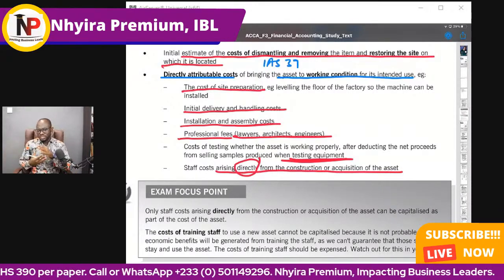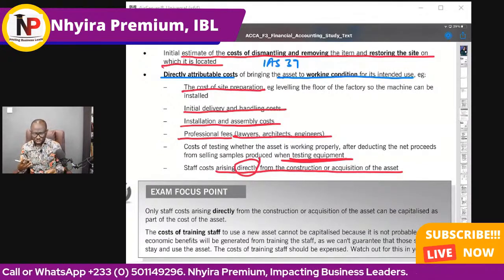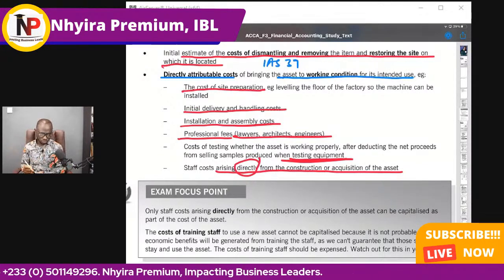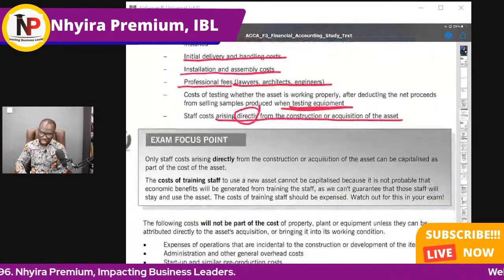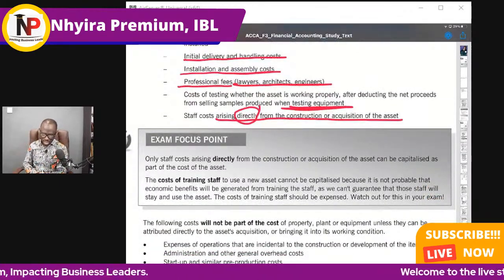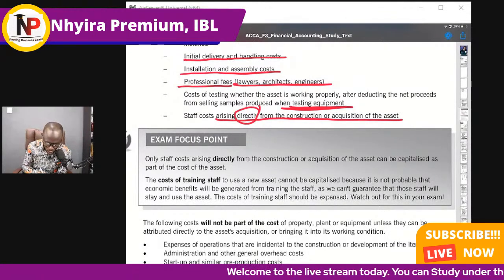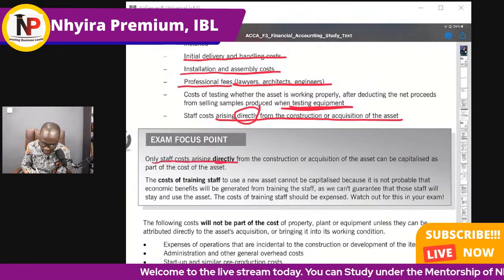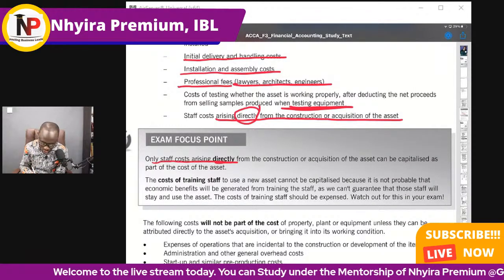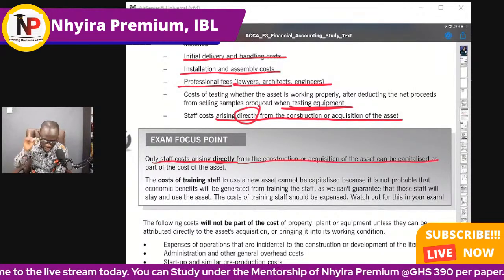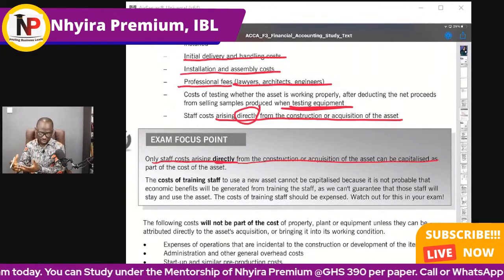Because of the similarity in the treatment of the staff cost, the book gives us some ideas about exactly what we need to look out for. So only the staff cost arising directly, keyword, I've mentioned that, from the construction or acquisition of the asset can be capitalized as part of the cost of the asset.